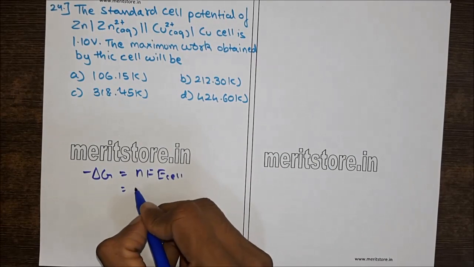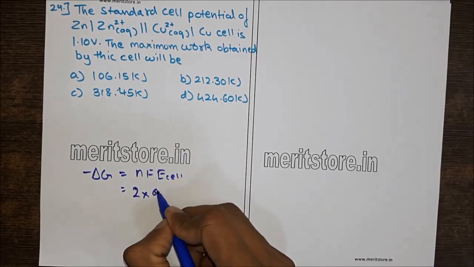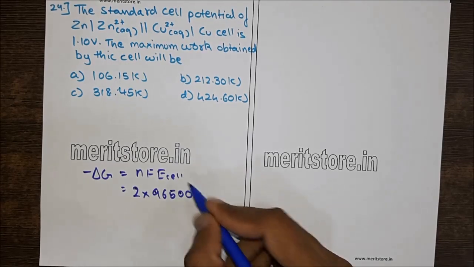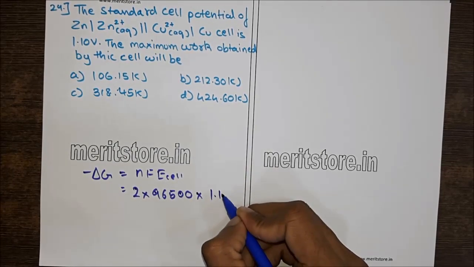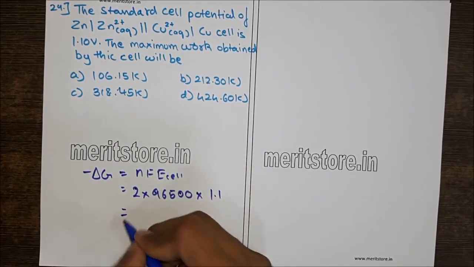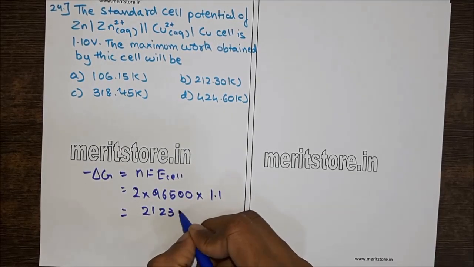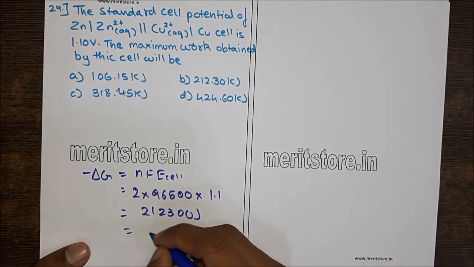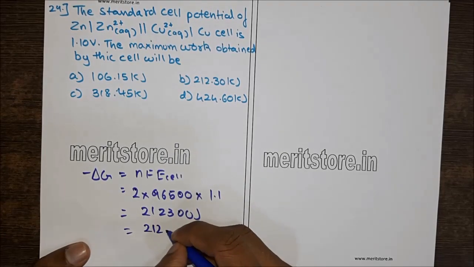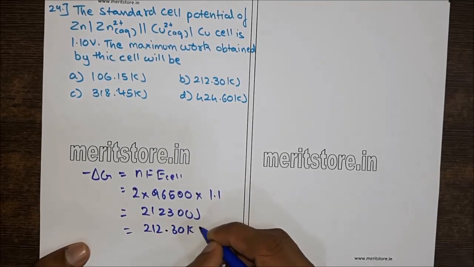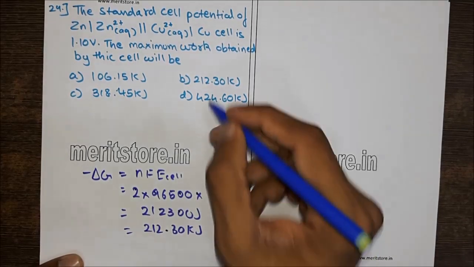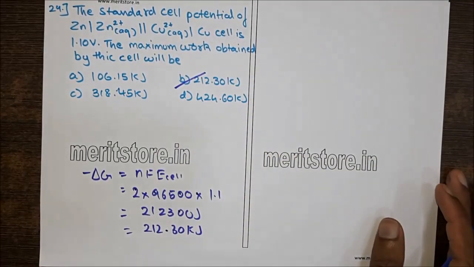Therefore, we substitute, we have n as 2, F as 96,500, and E cell is given as 1.1 volt. We solve this, we get 212,300 J. Therefore, we write in kilojoule, we get 212.30 kilojoule. We see our answer matches with option B. Therefore, option B is the correct answer.